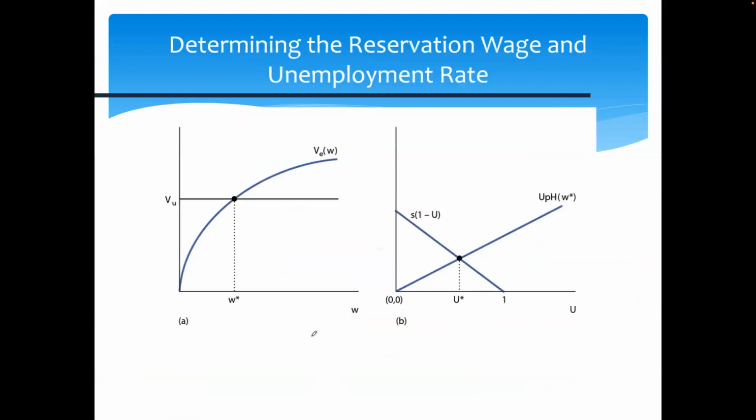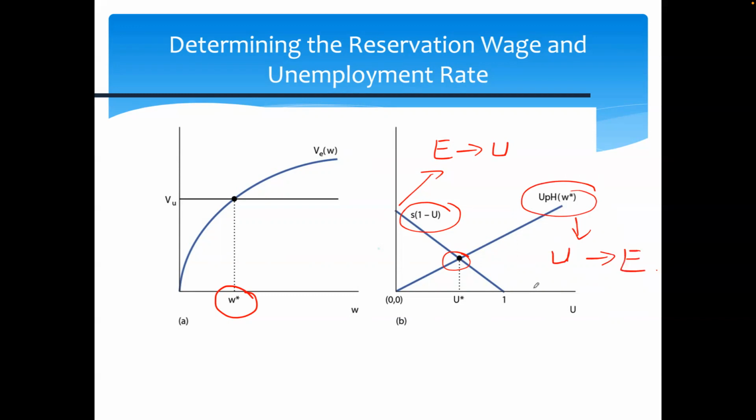So now let's see. We are going to bring this graph together. On the left-hand side, it's going to determine W star. Once we have a W star, we can determine U star. So again, this is a flow from employed to unemployed, and this is a flow from unemployed to employed.